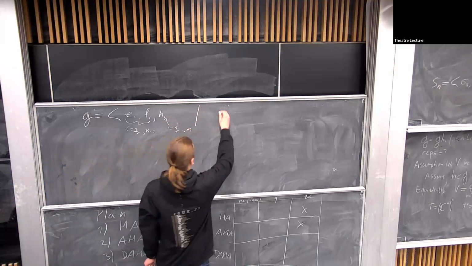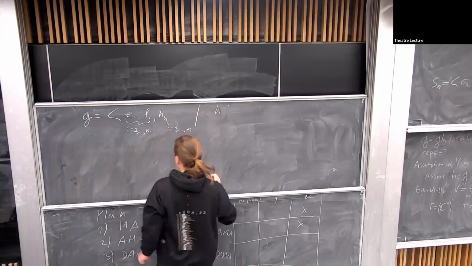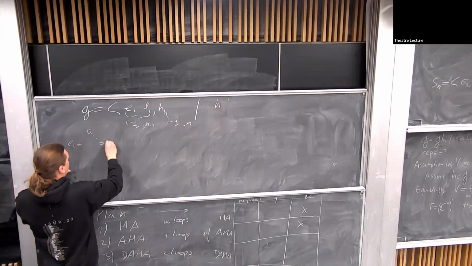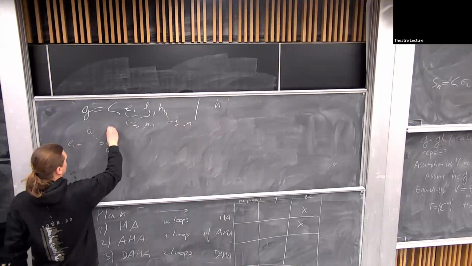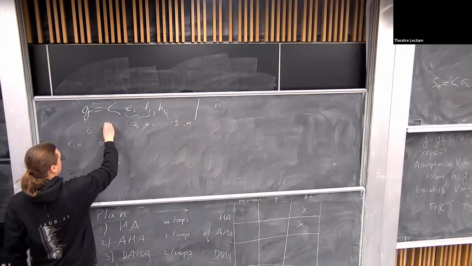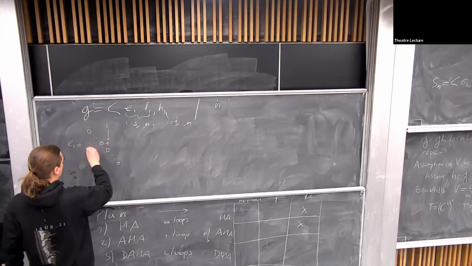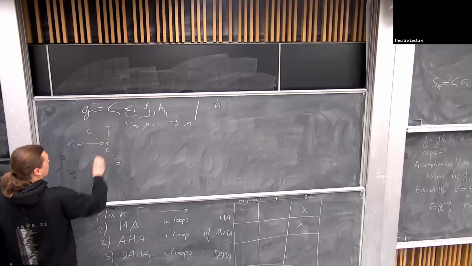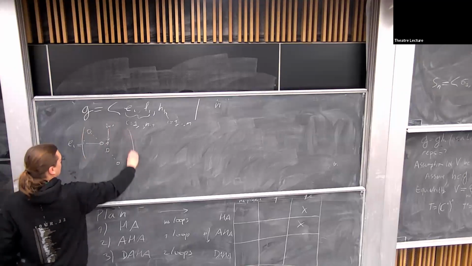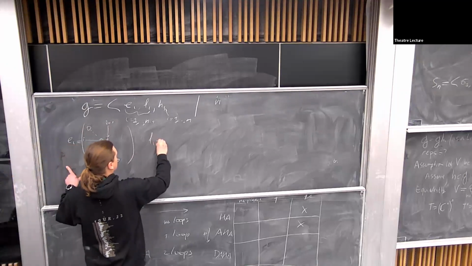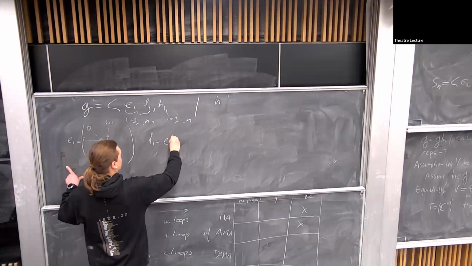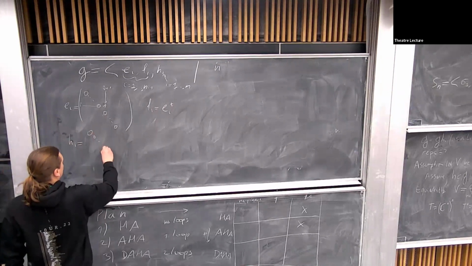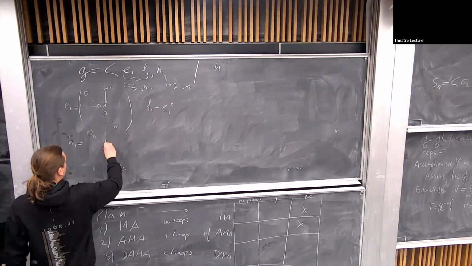The relations are a long list. E_i corresponds to the matrix with a 1 in position (i, i plus 1), and F_i is the same but transposed. H_i is similarly the matrix with a 1 in position (i, i).